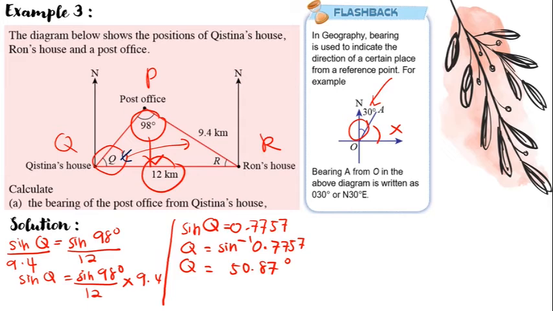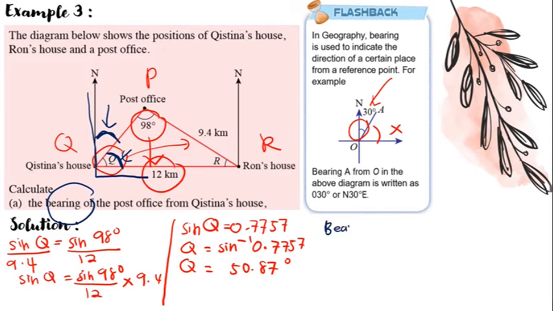Okay, the question asks for the bearing of the post office from Christina House, which refers to this angle. We have 90 degrees and we have the value of Q. So how to find the bearing?